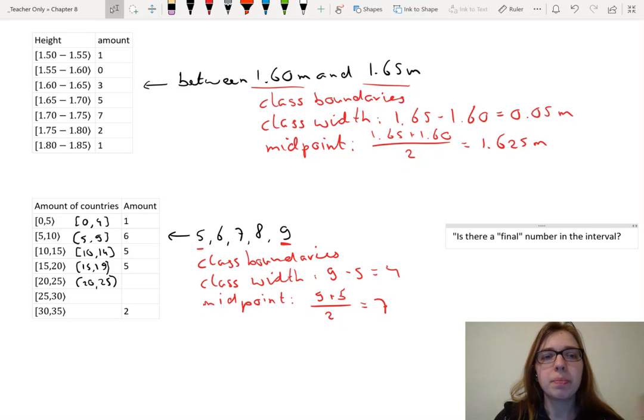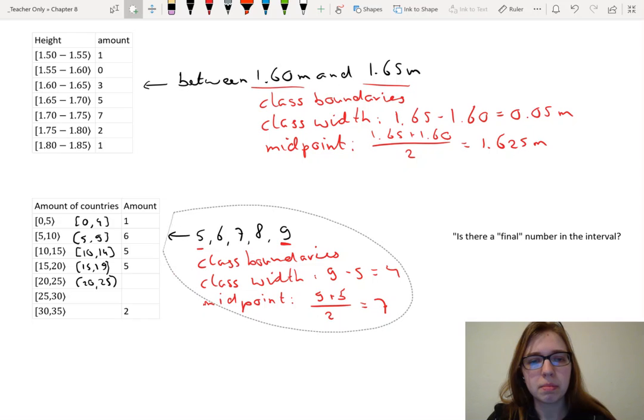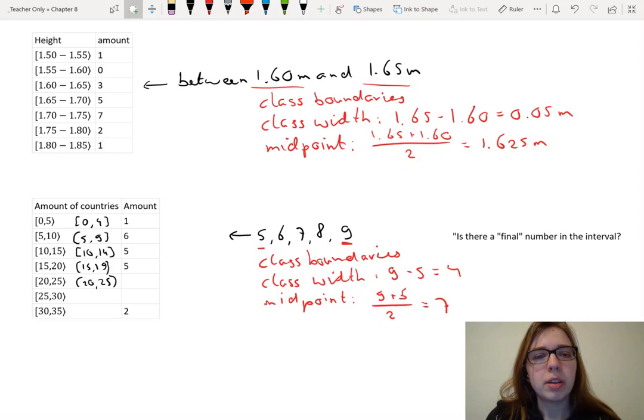So that's all well and good. One final thing, because I've just been mentioning those midpoints, but why would we even want those? Well, the thing is, if I have my midpoints, if I would write them in green, we have 2, 7, 12, 17, 22, 27, and 32.